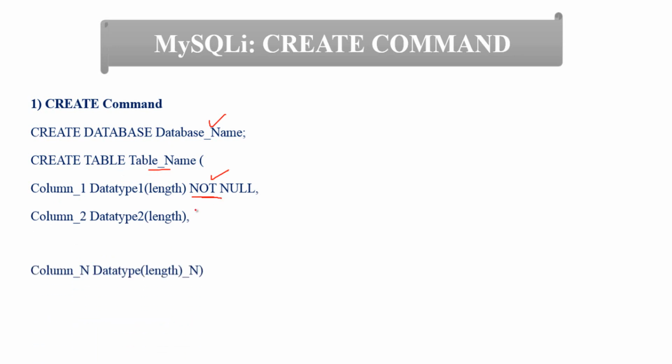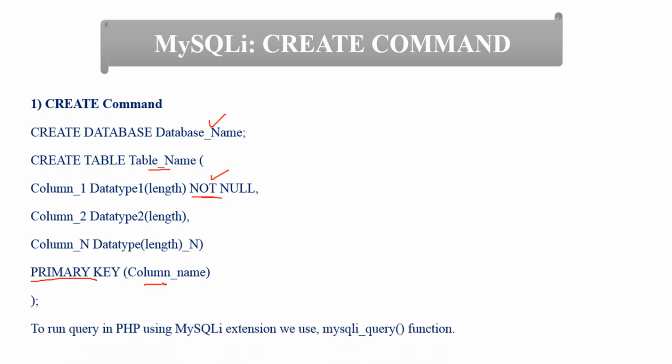Another is column 2, and up to n you can mention. And for example, if you want to set any column as primary key, you have to type primary key, and in parenthesis you have to mention that column name. That column will be considered a primary key, because every table should have a primary key. It is very necessary to access data uniquely. Same as before, if you want to run any query, you have to use MySQLi_query.